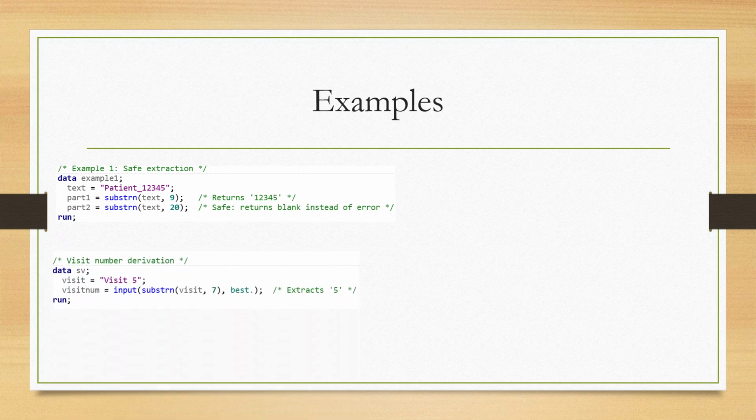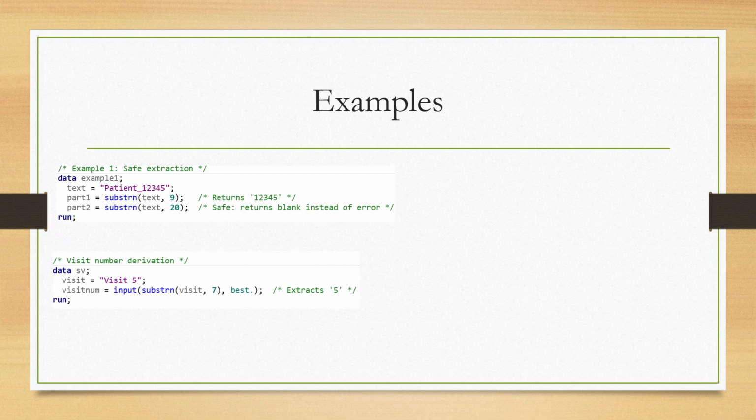Another example here is where we are using the visit value and we are applying the SUBSTRN function on the visit value to populate visitnum. In this case, it will work the same as the SUBSTR function, and since we know that the SDTM variable visitnum is a numeric variable, we have used the input function to convert the result of the SUBSTRN function, which will always be a character value, to a numeric format.